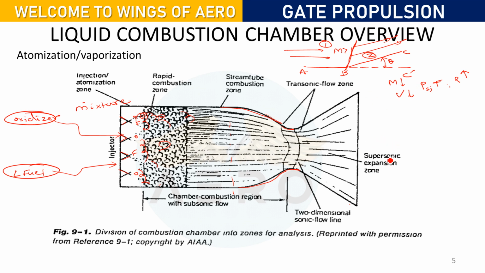Now the same scenario, same kind of thing: AB and BC dash is a reference plane, but I am inclining the angle theta in a downward direction, right? Here the plane was deflected upwards and here I am deflecting downwards.